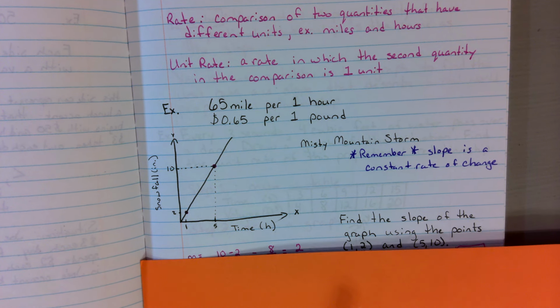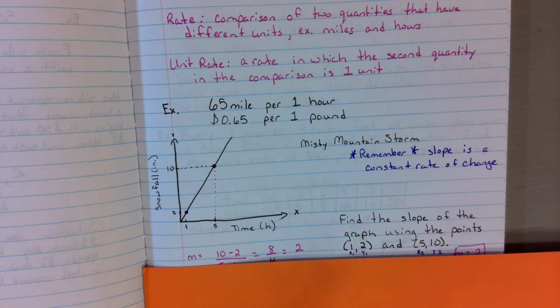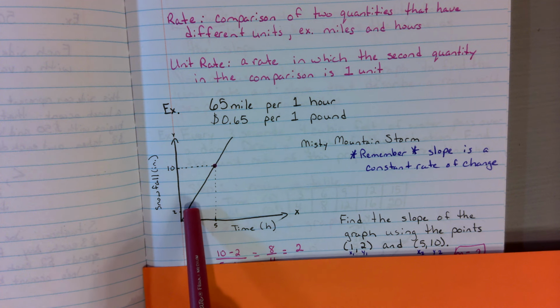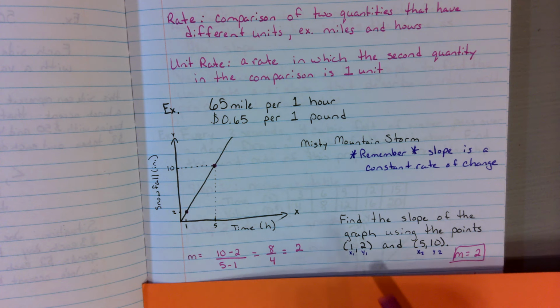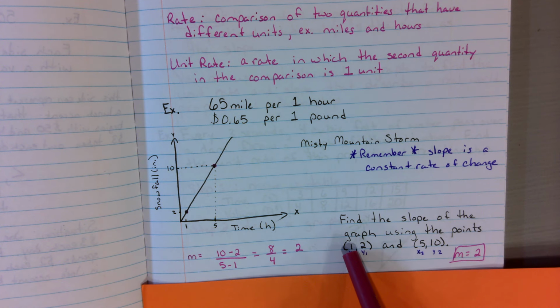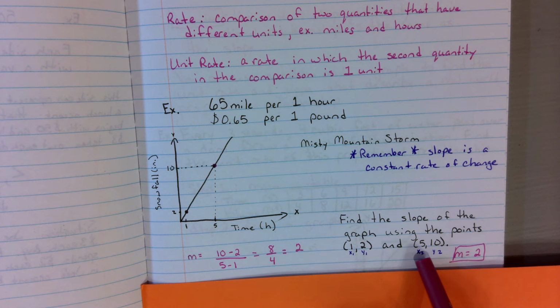So it says find the slope of the graph using the points (1, 2) and (5, 10). I've marked those points here on the graph that we're using, and then I've labeled them x sub 1, y sub 1, x sub 2, y sub 2.